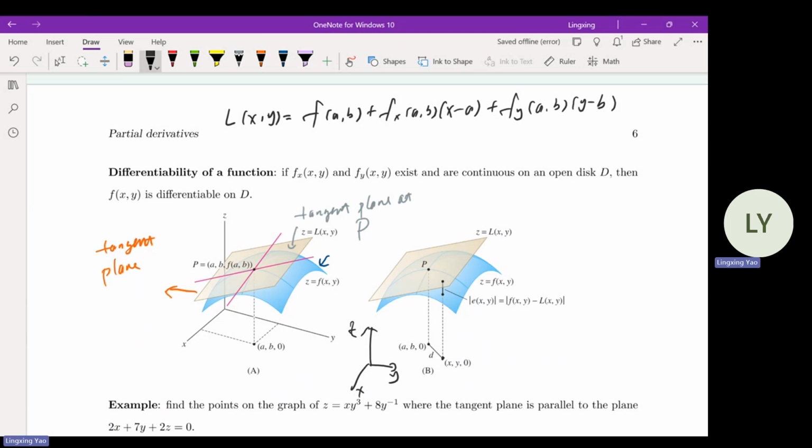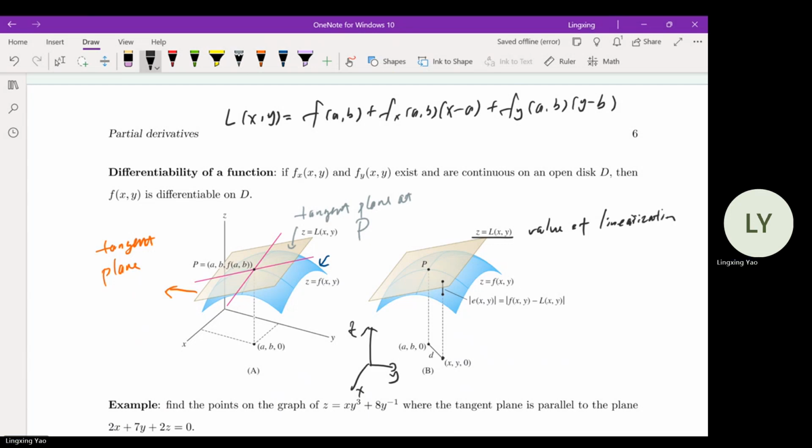We're going to intersect both the tangent plane and the graph of the function. Okay, remember this tangent plane is z equals L of x, y, which is the value of the linearization.